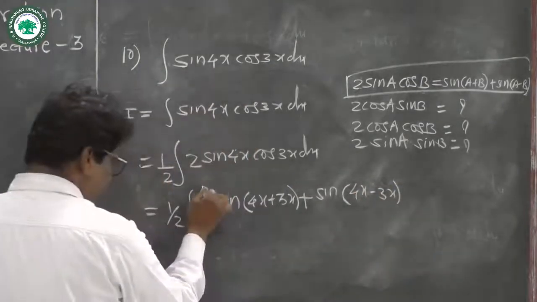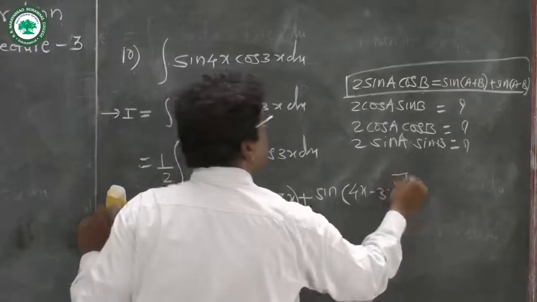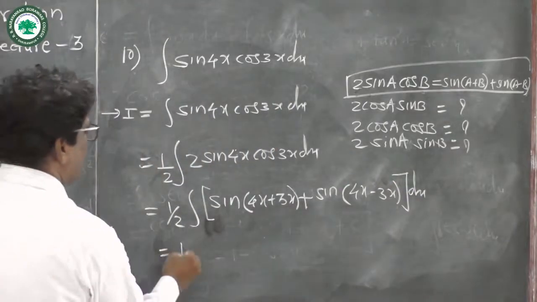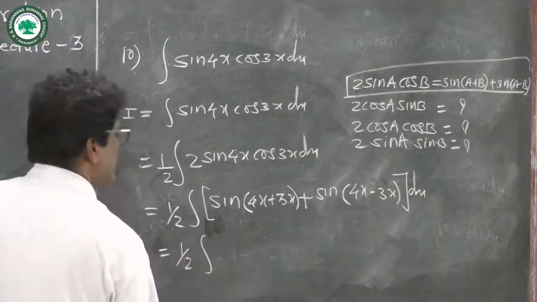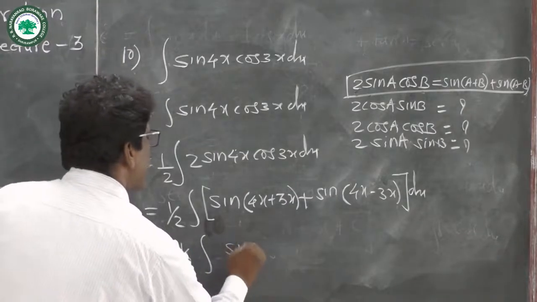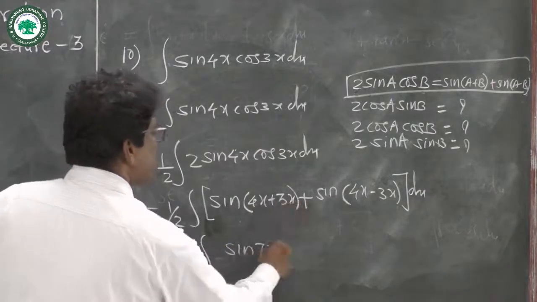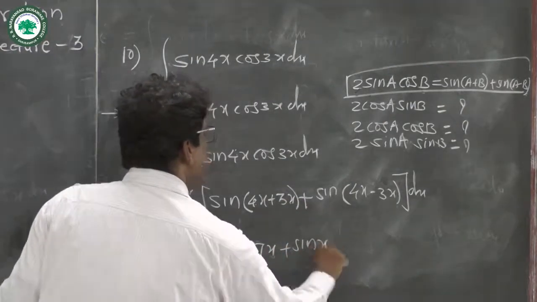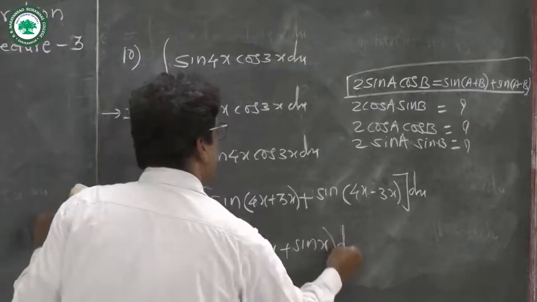Write this in a square bracket and then dx. So this is equal to 1/2 integration of sin of 7x plus sin of 4x minus 3x, that is x, dx.